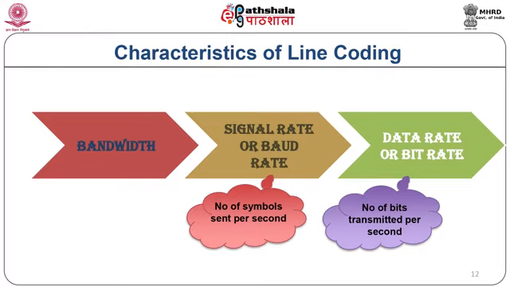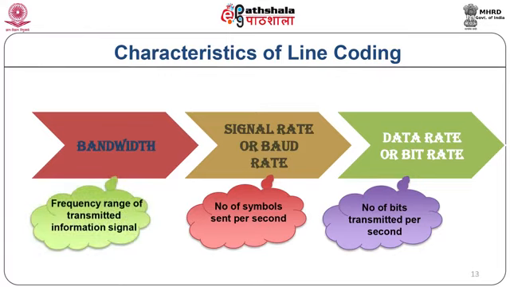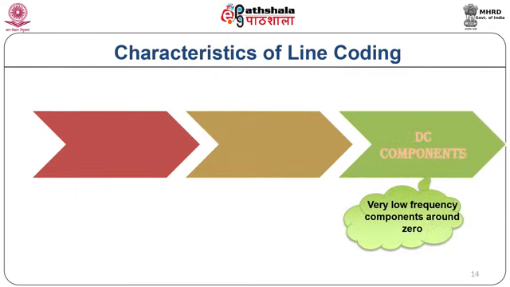The unit is baud. Bandwidth is the frequency range over which an information signal is transmitted. It dictates the amount of data sent over time and influences the choice of digital modulation scheme. A digital signal has theoretically infinite bandwidth, but practically the effective bandwidth is finite. Then comes the DC component.